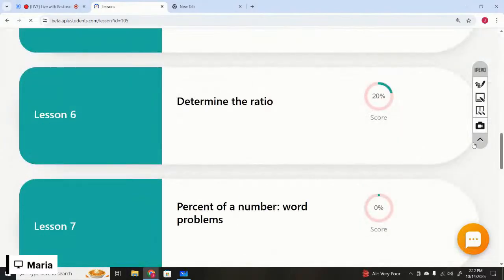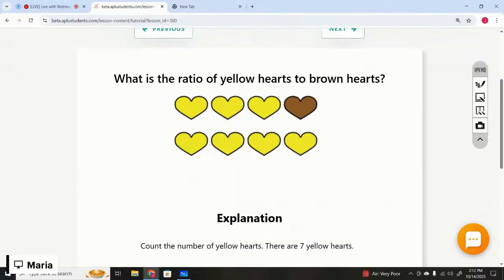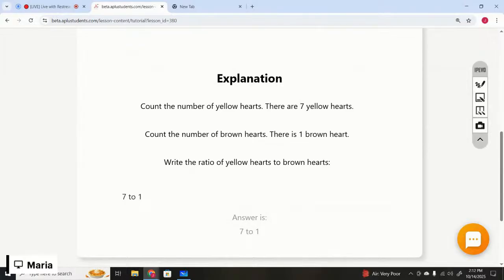The next lesson is determine the ratio. What is the ratio of the yellow hearts to brown hearts? We have 1, 2, 3, 4, 5, 6, 7 yellow hearts to 1 brown heart. So it would be 7 to 1. The ratio is 7 to 1.